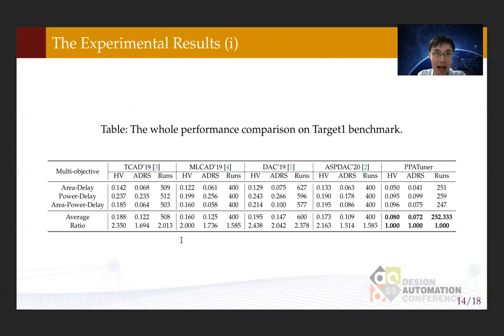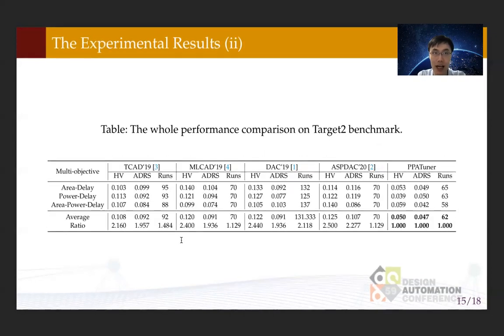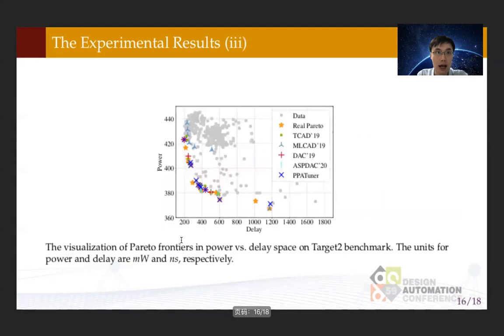So here are some experimental results of two scenarios. We can see that the proposed tuner performs better than the other cutting-edge algorithms in the two scenarios. For a better demonstration, we draw the visualization of the Pareto frontiers in power versus delay space on the target benchmark.